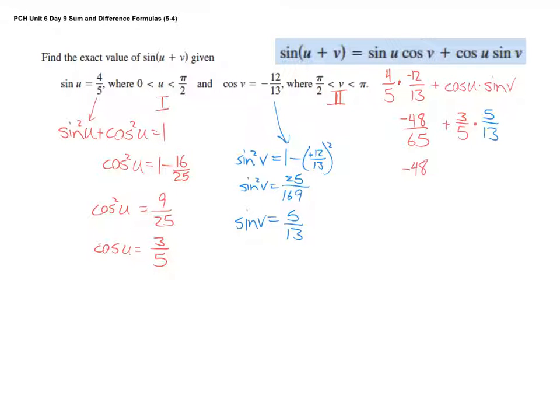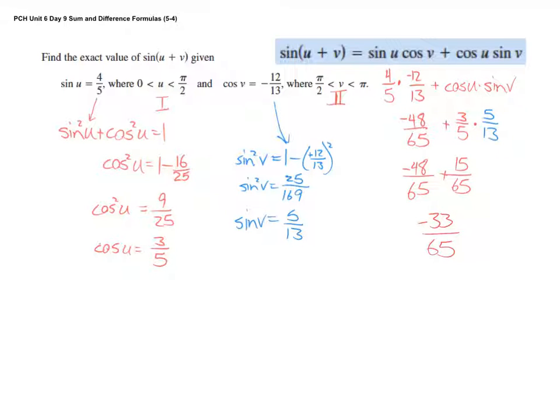Negative 48/65ths plus 15/65ths. That is a negative 33/65ths. So here's the cool thing. We still have no idea what the angles actually are, but we know what the sine is, and sometimes that's all we need to know.